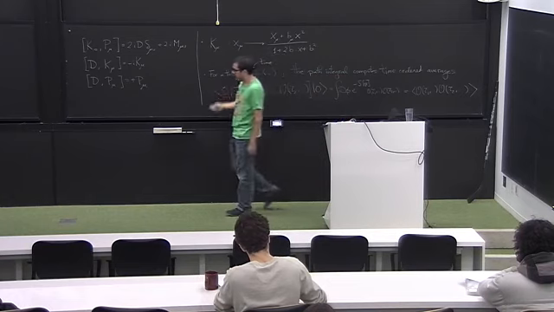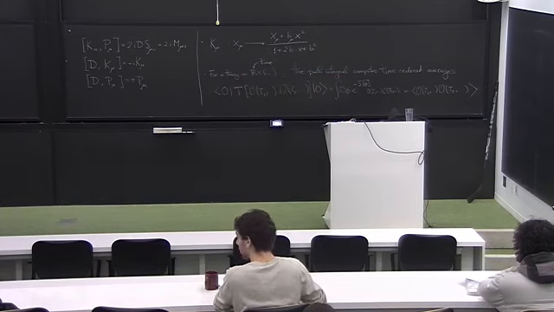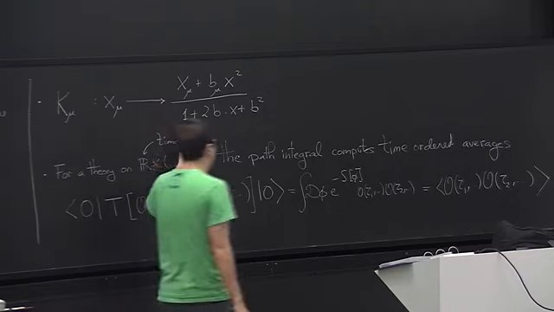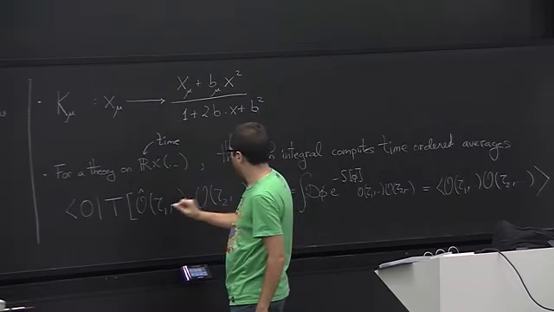Finally, the last comment: let me just remind you that in quantum field theory, when you compute averages, what does the path integral compute? It computes the time-ordered average of fields. This is just a statement that you are familiar with. It has nothing to do with our lectures. In a quantum field theory, there is the time-ordered product of O as an operator.